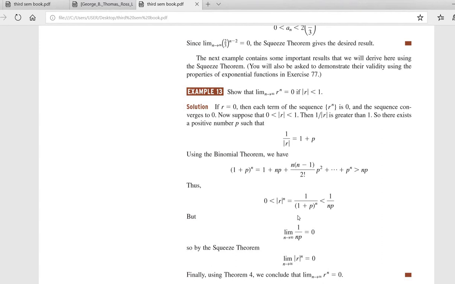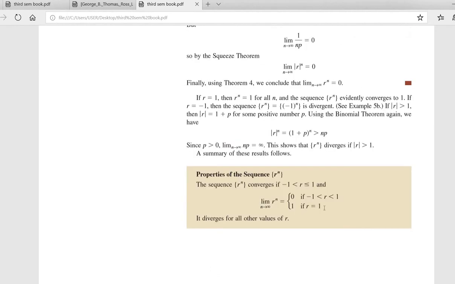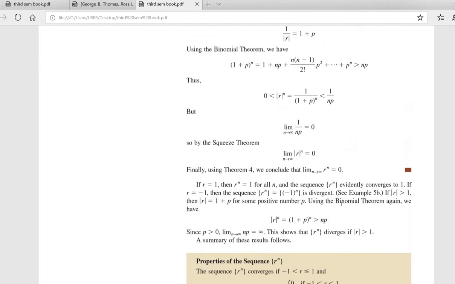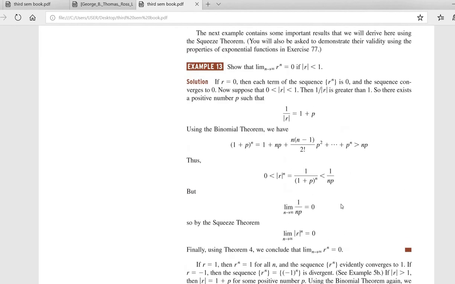if r equal to 0, then each term of the sequence is equal to 0. Right? So we are doing this for r between -1 and 1, and when r equal to 0, each term of the sequence is equal to 0, right?